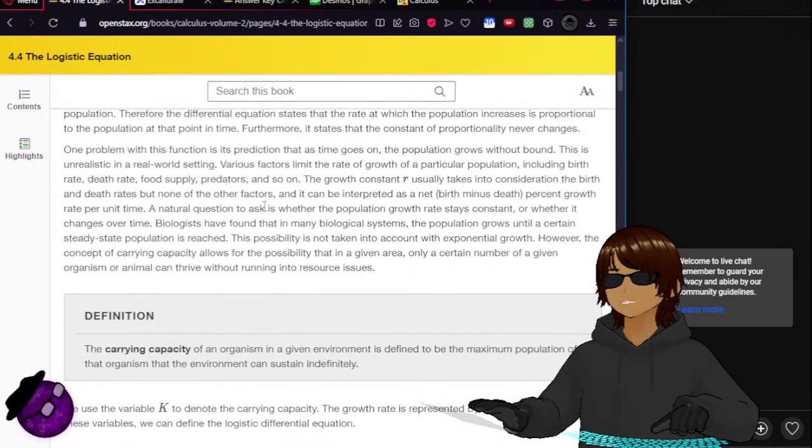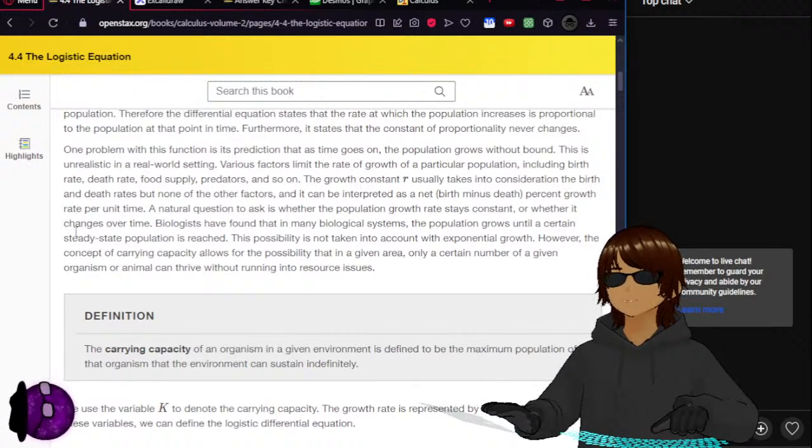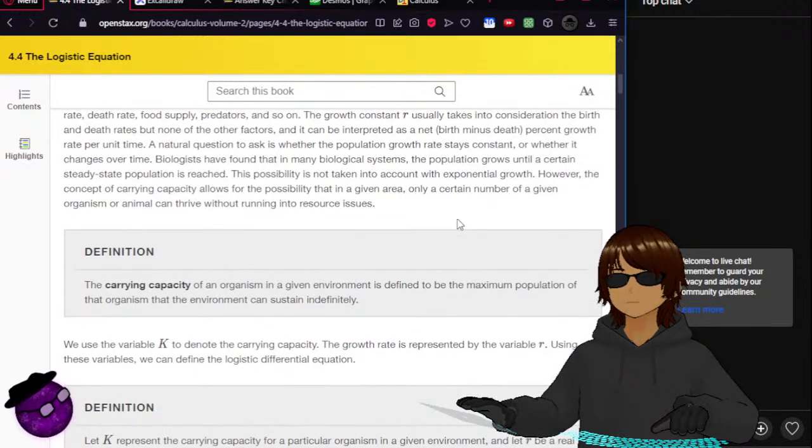A natural question to ask is whether the population growth rate stays constant or whether it changes over time. Biologists have found that in many biological systems the population grows until a steady state population is reached. This possibility is not taken into account with exponential growth.